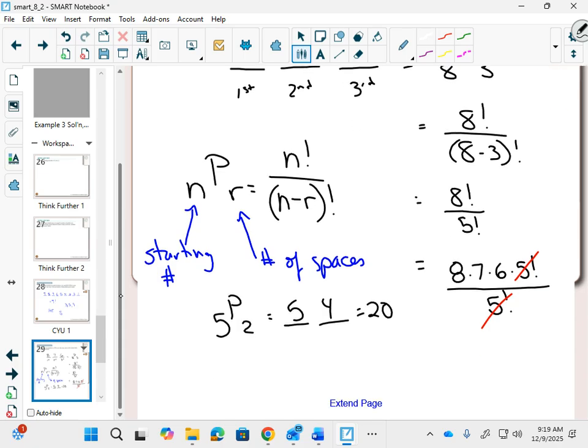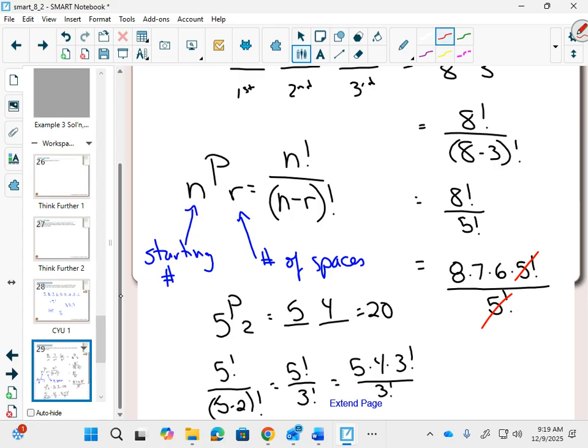Probably quicker than doing the formula. This is 5 factorial over 3 factorial, so I expand the bigger one until I get to that 3 factorial. I'm like, oh, 5 times 4, it's 20.